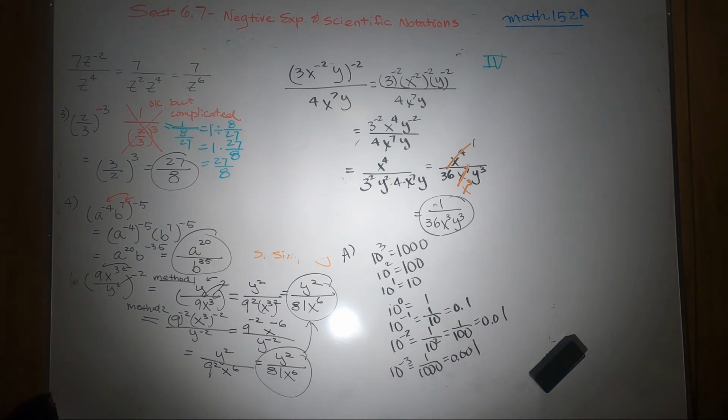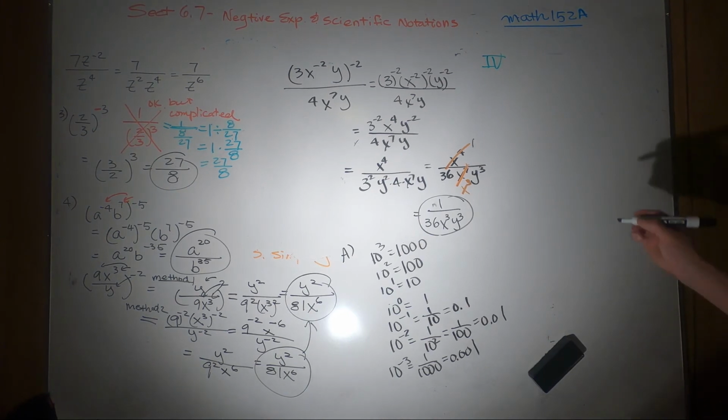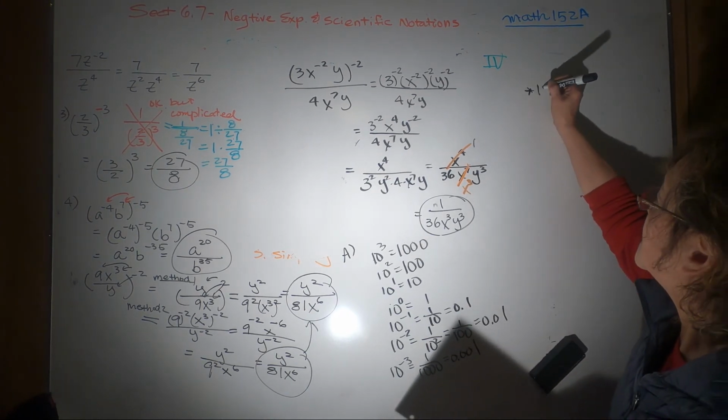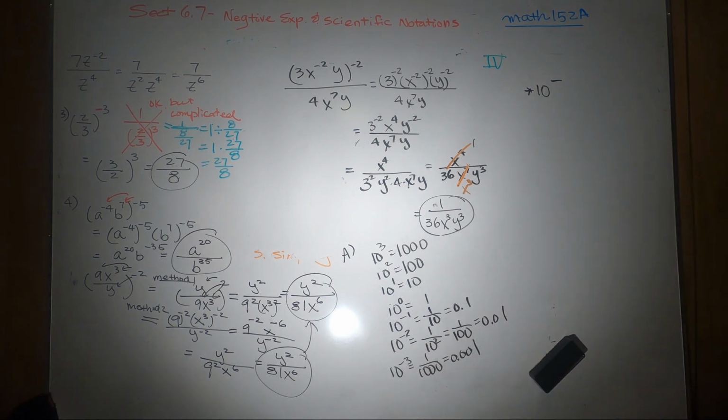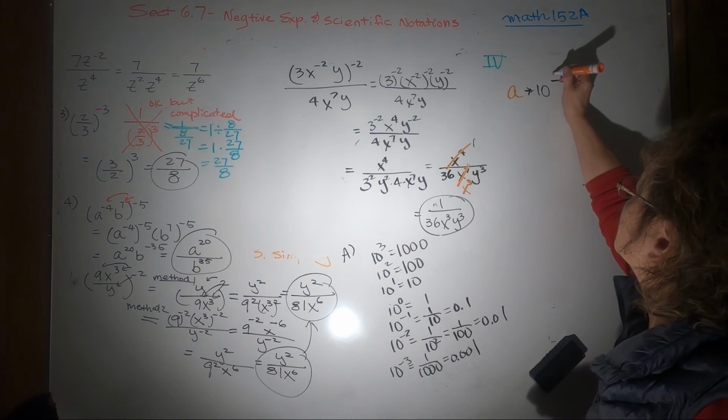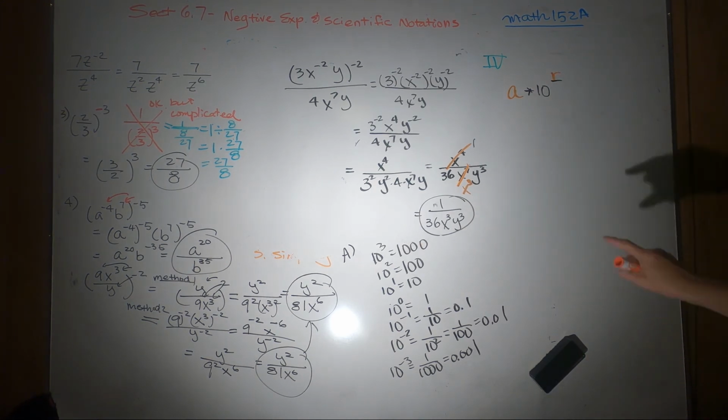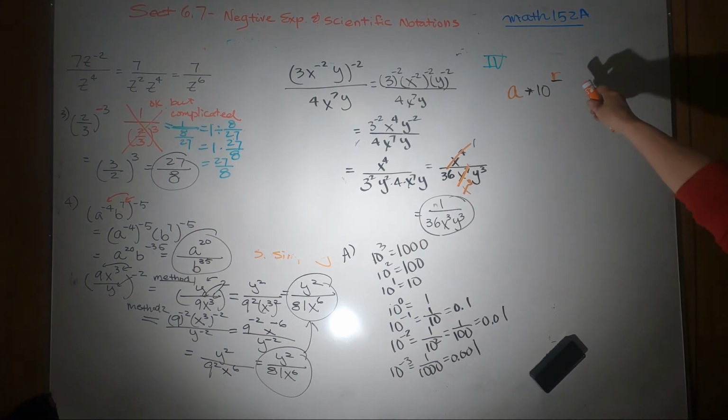So scientific notation works this way. We write some number times 10 to a power. This style we call scientific notation: you write some number here and 10 to some power.